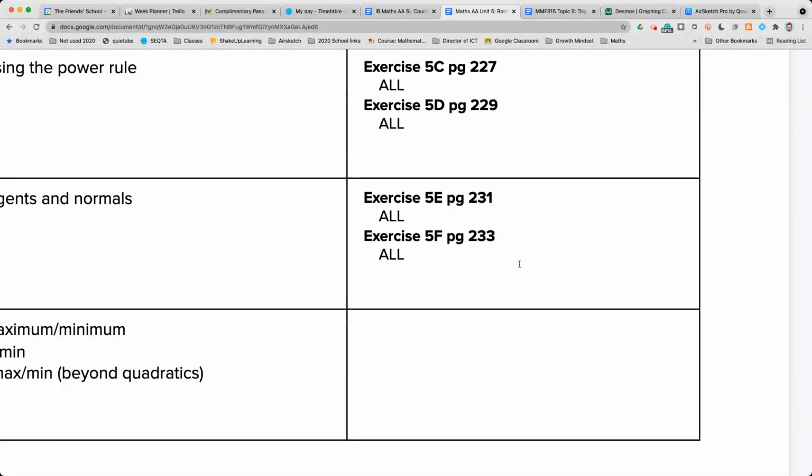If you think the early ones are easy, you can move on to the harder ones, but see how you go. I know it's only 10 minutes, but the explore was important. We'll start the first lesson after the holidays looking at this in more detail. 5E deals with tangents, 5F looks at normals. See if you can do at least one from each exercise before you leave today to consolidate it.